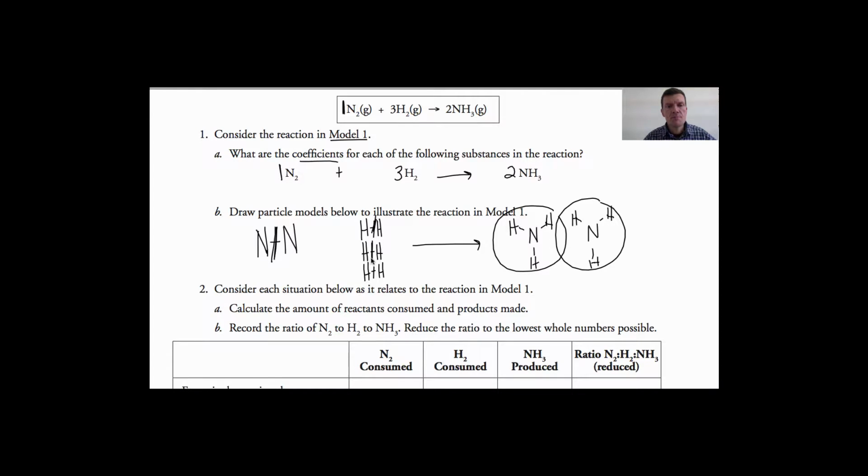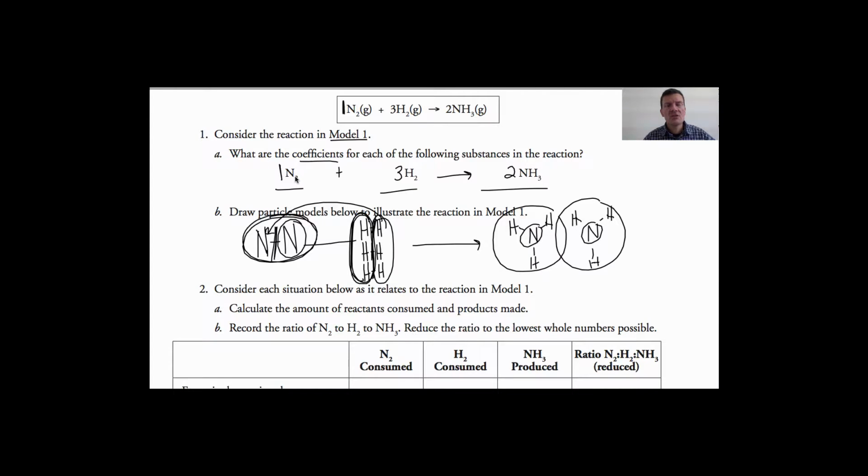So when these bonds get broken, these 3, for example, hydrogens are going to find a nitrogen and bond with it. These 3 hydrogens are going to bond with the other one. Do we have the same number of each element on both sides? Yes, we do. This is balanced for us. How does it occur? These 2 nitrogens split and are part of each individual molecule over here. Here's a nitrogen, here's a nitrogen.